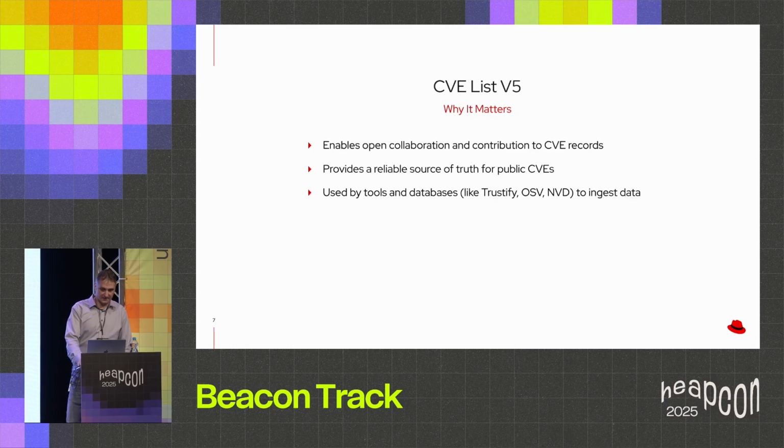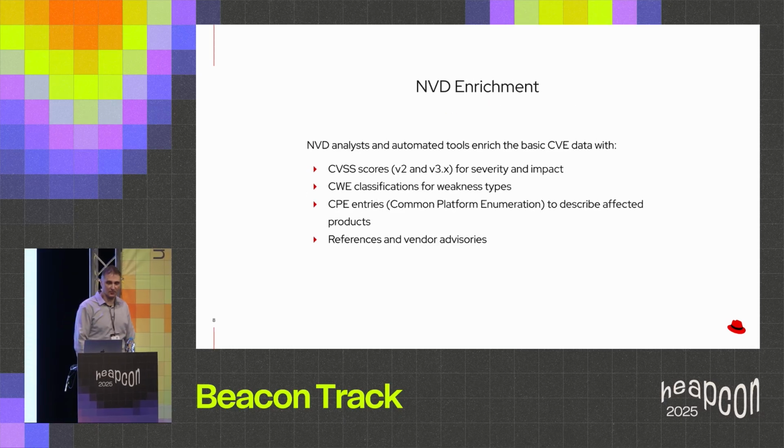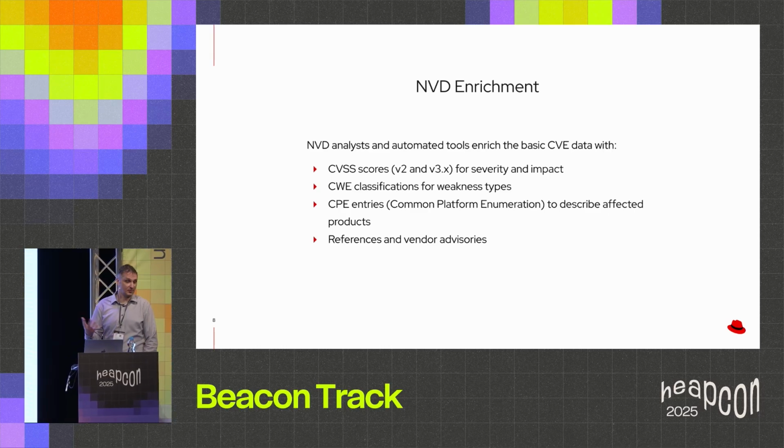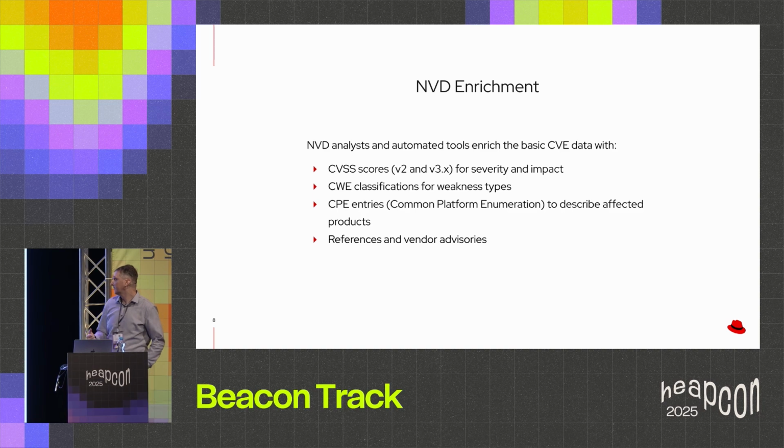So the next step that goes on after this is something called NVD enrichment. NVD is another organization, the National Vulnerability Database, where national is US national, right? And the goal here is to start adding some more context to the vulnerabilities. We usually want to know how severe something is, right?